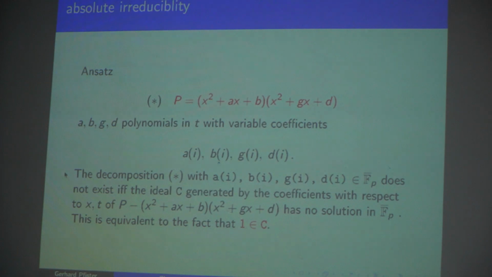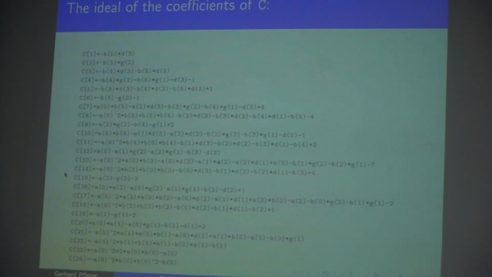So a system of equations has no solution if the equations generate the whole ring. That's what we discussed yesterday too. So we have to prove that 1 is in the ideal of the system of equations if I compute the Gröbner basis. So here are the equations.